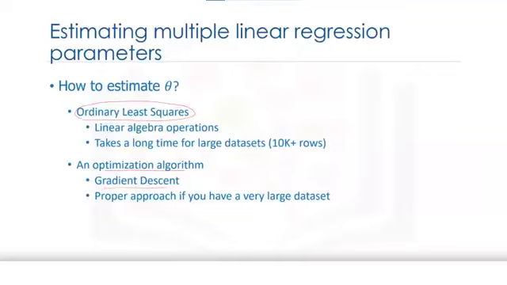As I mentioned, there is also a statistical approach, where it does matrix multiplication and calculation, and tries to find the best optimal values for those coefficients. But generally, it takes a long time for large data sets, and it uses linear algebra matrix calculations to estimate these coefficients.